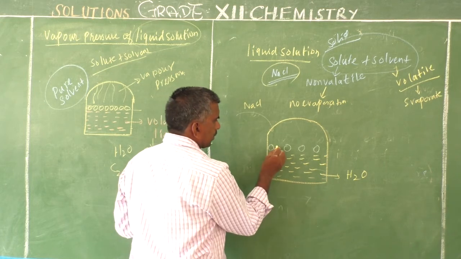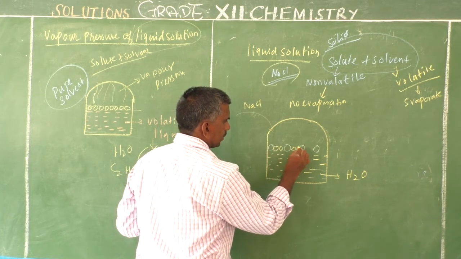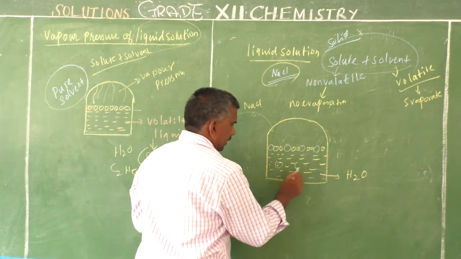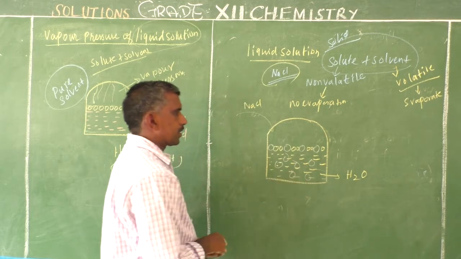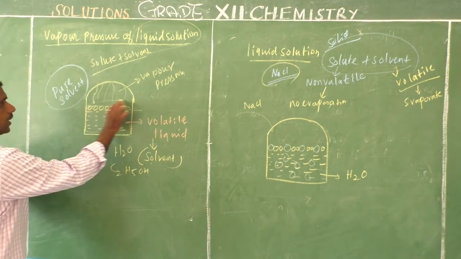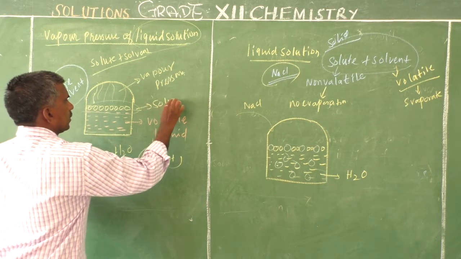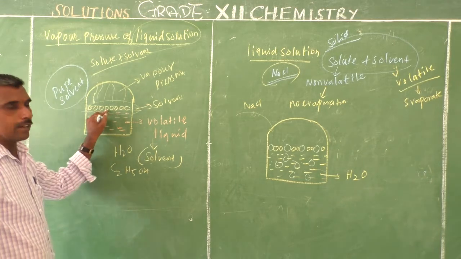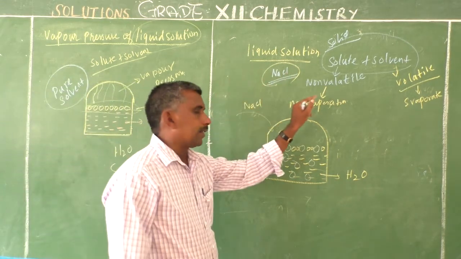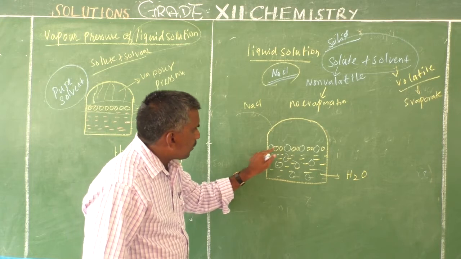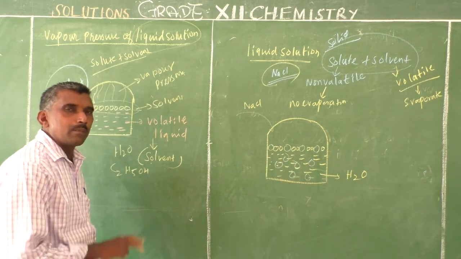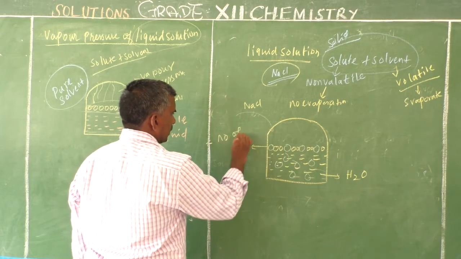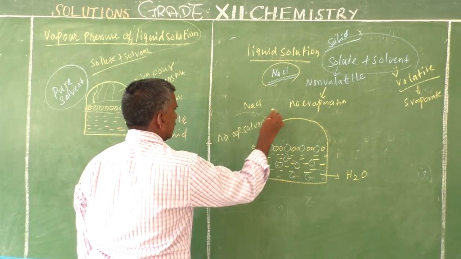At the surface of the pure solvent, only solvent is present. But in the solution, solvent plus non-volatile solute is present at the surface. So the number of solvent molecules at the surface is less.